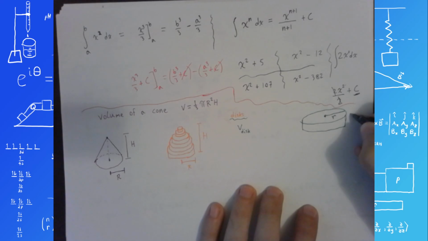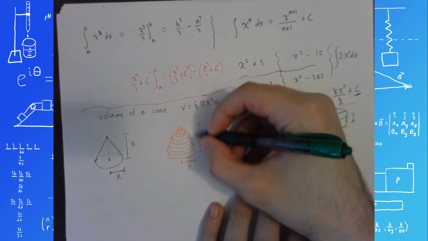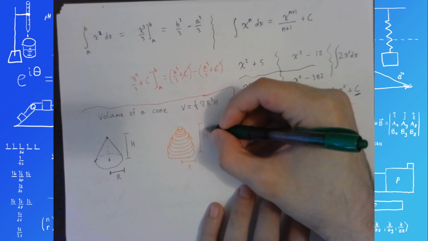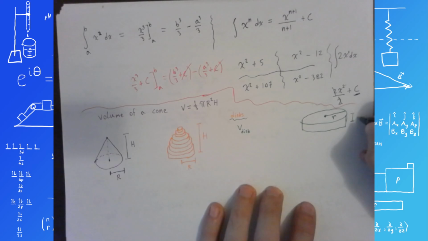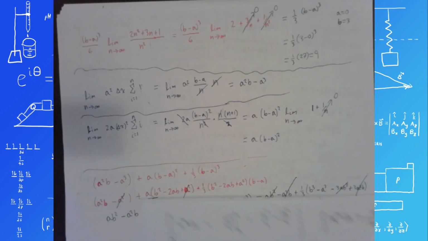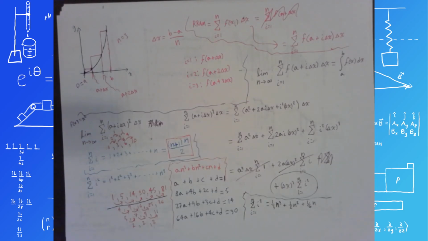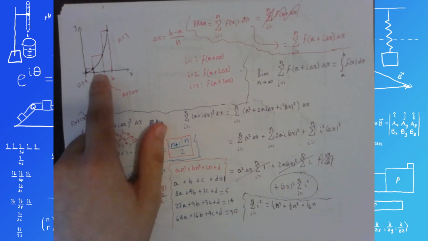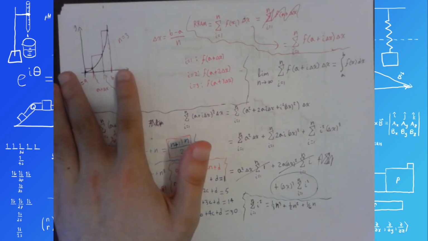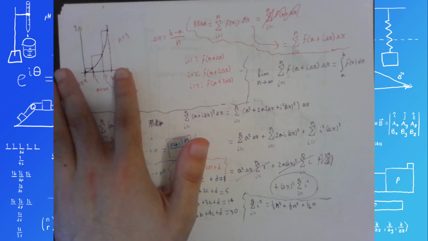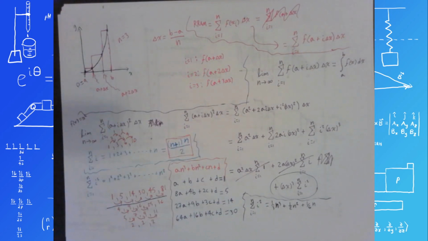It's going to have some sort of height that's going to be a segment of this total height. I'm going to call this delta h in a similar manner to how I used delta x for the widths of my rectangles that spanned some larger interval along the x-axis.